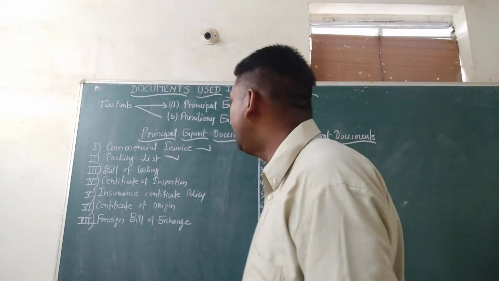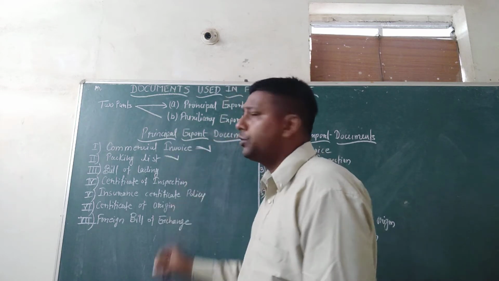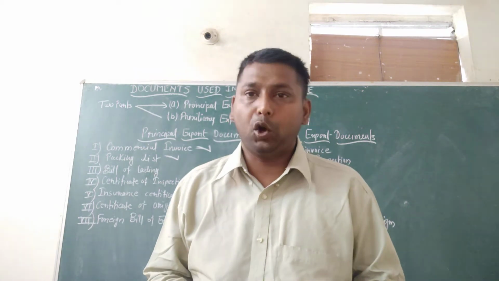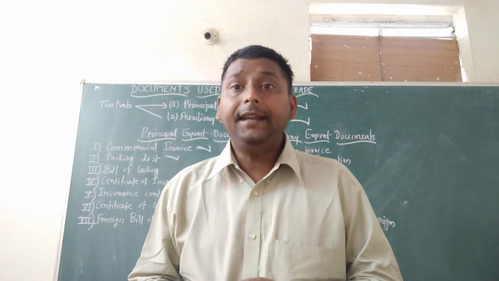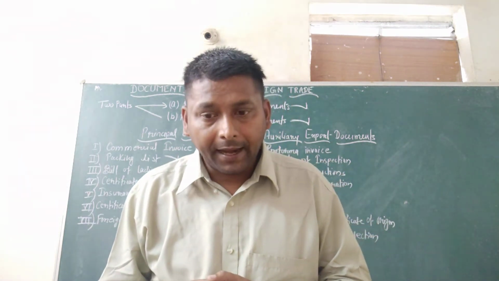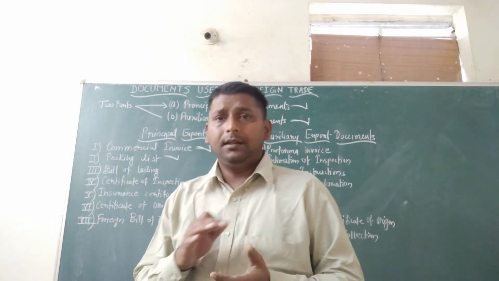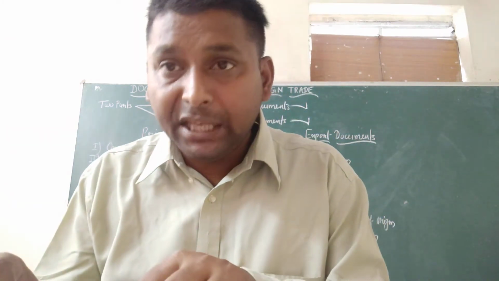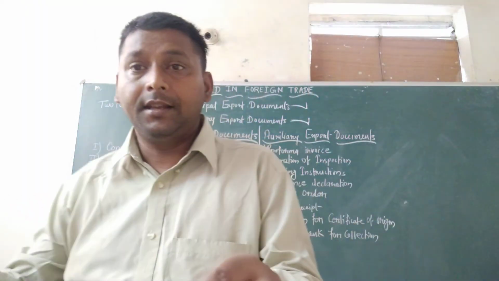Here in the principal export documents, the first point is commercial invoice. This is the basic document for export business. It contains a detailed description of goods supplied by the exporter, meaning each and every description is given in the commercial invoice.